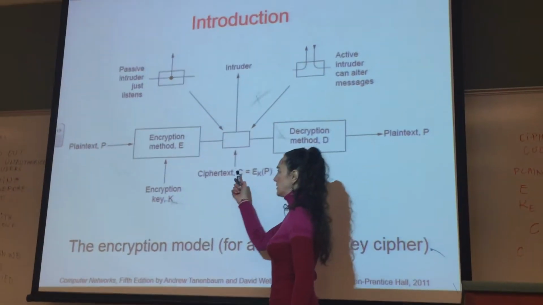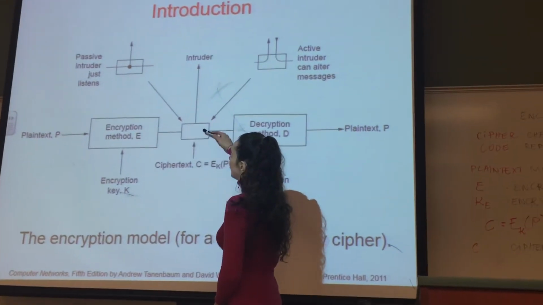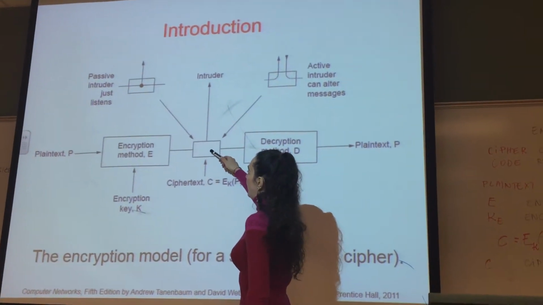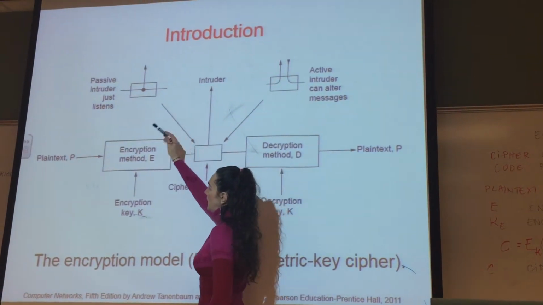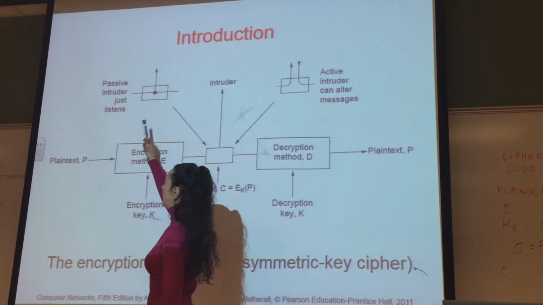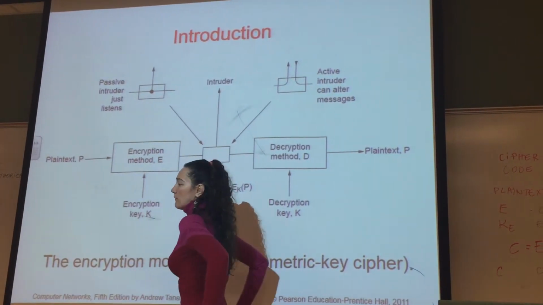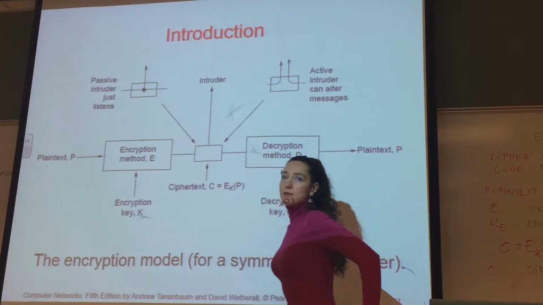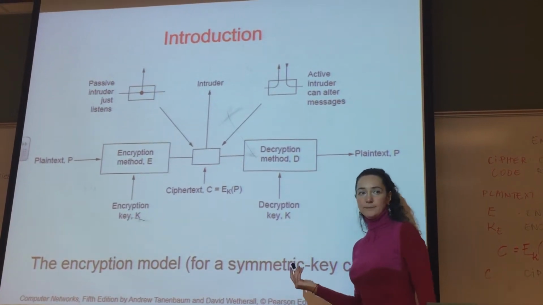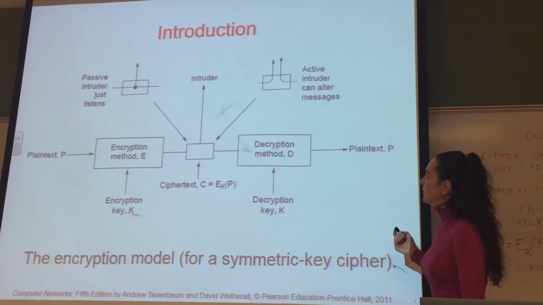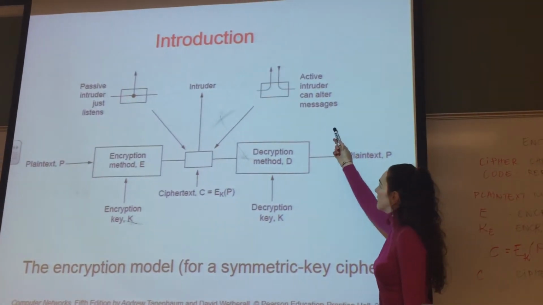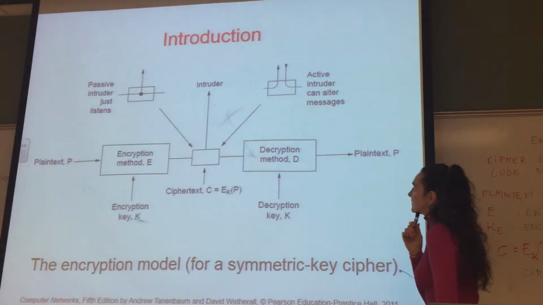For anybody sitting on the network, they can look at that. We have two types of intruders. One is a passive intruder, which means they just want to read the information. And an active intruder, what do they do?